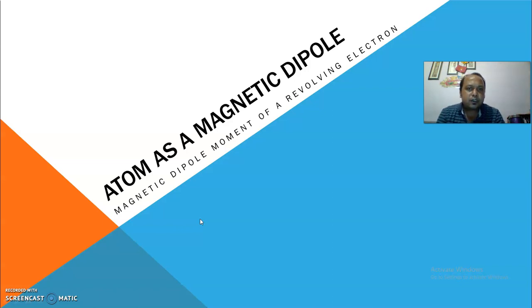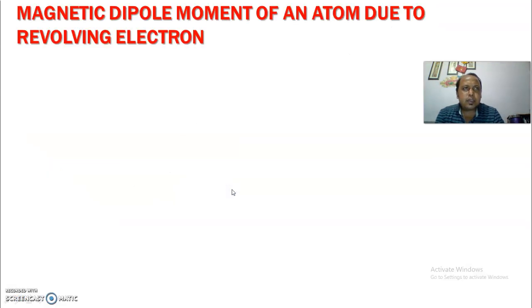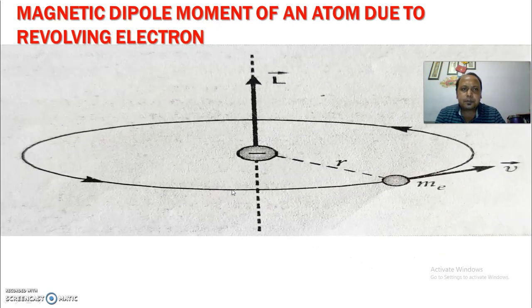Obviously, the direction of current is opposite to the direction in which the electron is revolving. So we have a current carrying loop because of the revolving electron, and there is a magnetic dipole moment of that particular atom. We are going to calculate that magnetic dipole moment of the atom due to the revolving electron. So let us see how it is done.